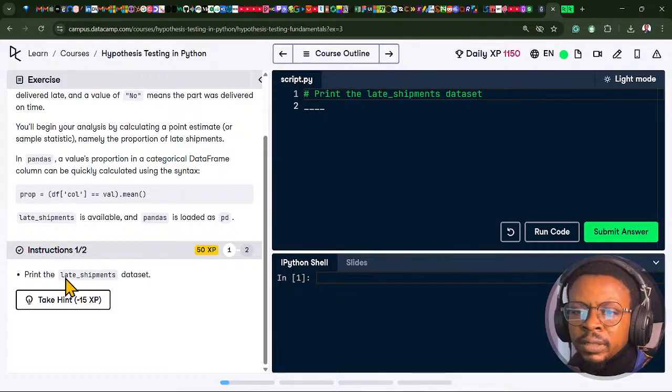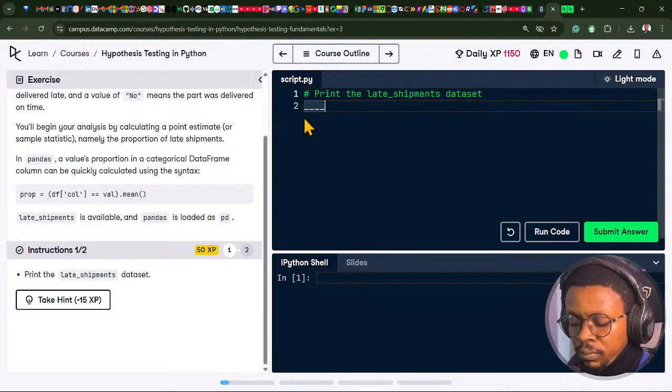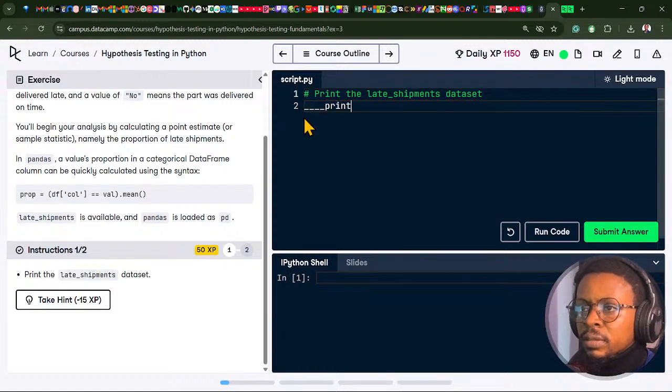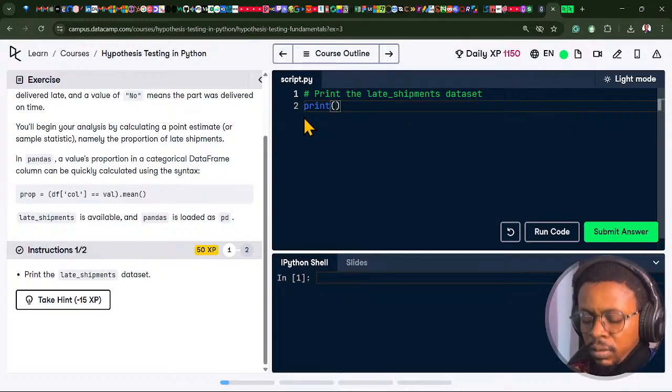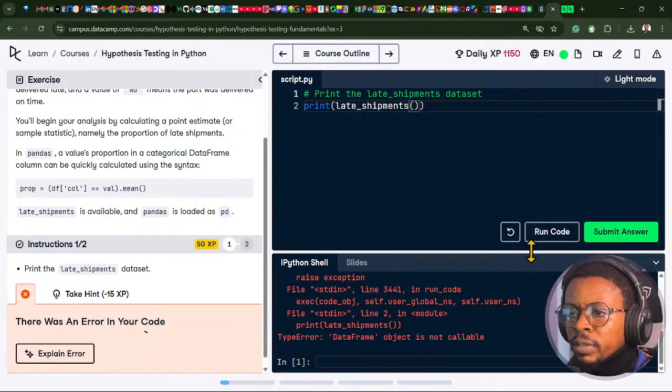Let's put the late shipments data set. Late shipments.